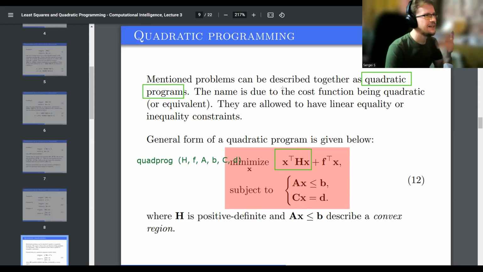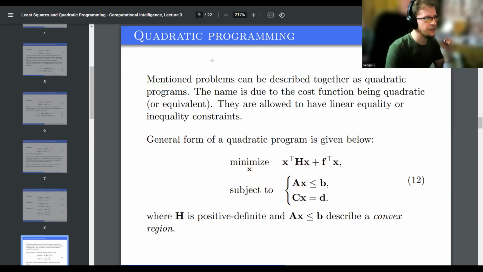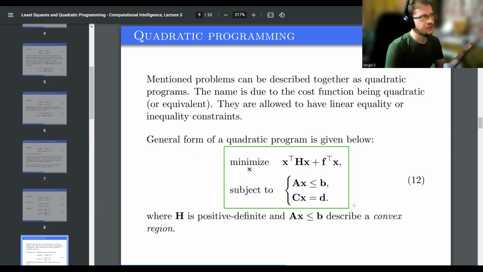But what's important here is that you can solve this problem by calling one function, the same as pinv allows you to call one function to get your least squares solution.